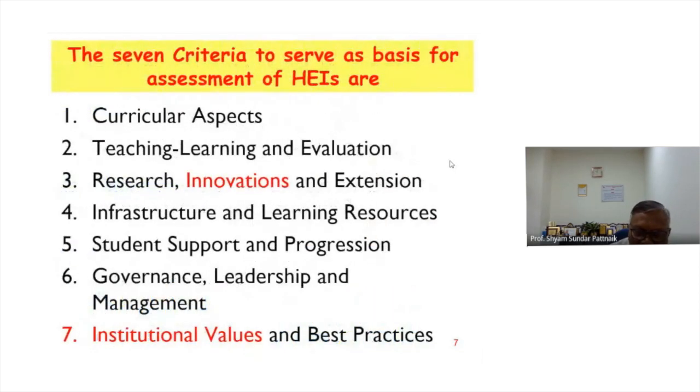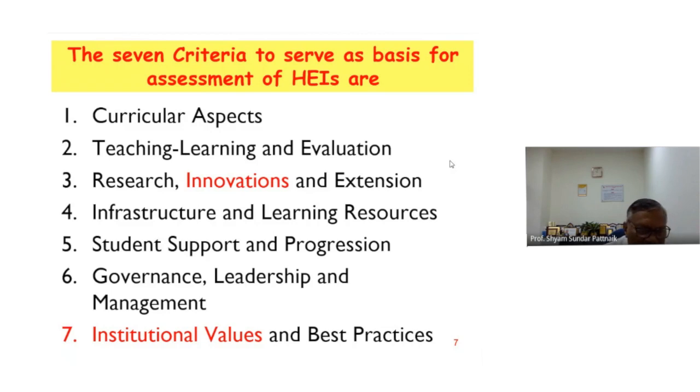Now, the 7 criteria are: curriculum aspects; teaching, learning and evaluation; research, innovation and extension, that is outreach service, how you are helping others and reaching out to other people; infrastructure and learning resources, including the library; student support and progression, mentorship, higher education, placement, how holistically you are helping them.